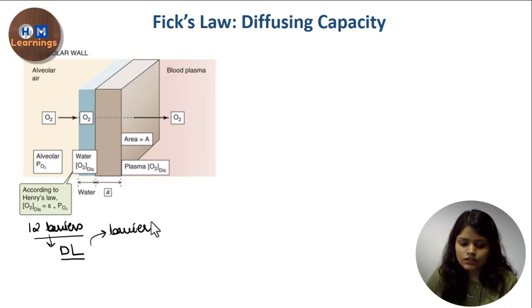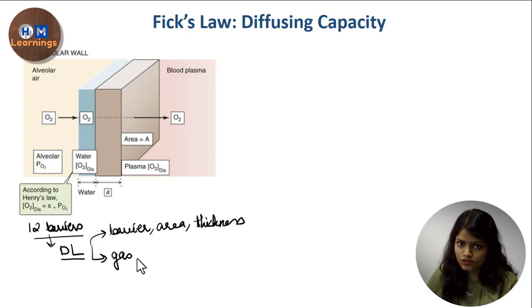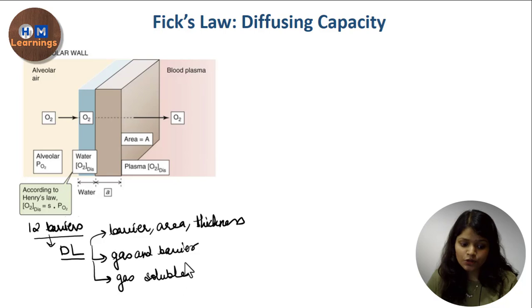The barrier has a different area, and a different thickness. Also, the way the gas interacts with that barrier is going to be different, so gas and barrier interaction is different, and how much gas is soluble in that particular barrier is also different.